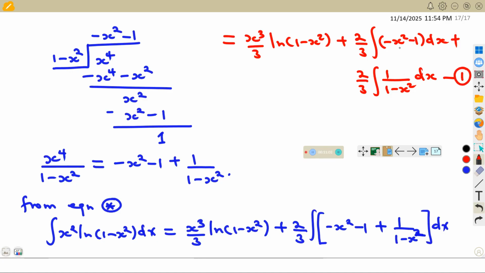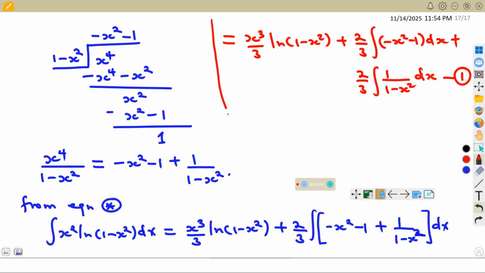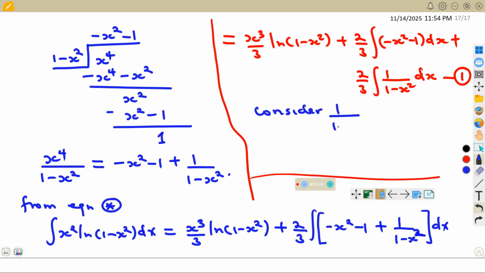So it means this can be easily integrated, but we are remaining with this given expression as well. So from this point, we shall have to again consider 1 upon 1 minus x squared, and put this in terms of partial fractions.